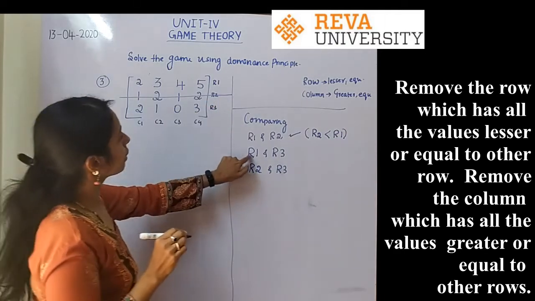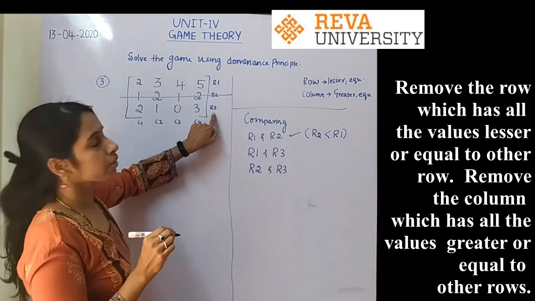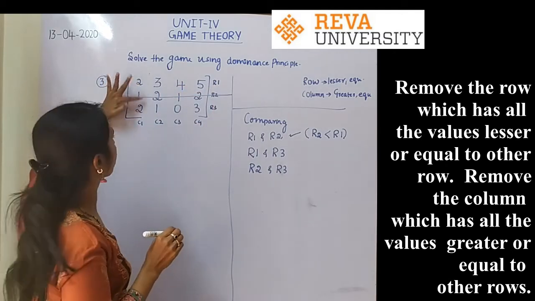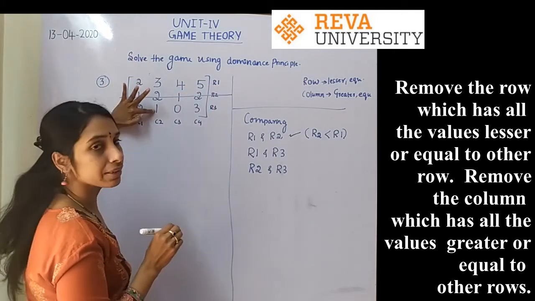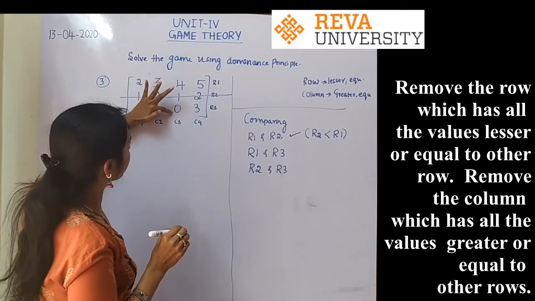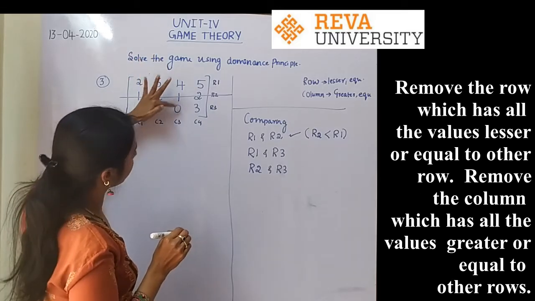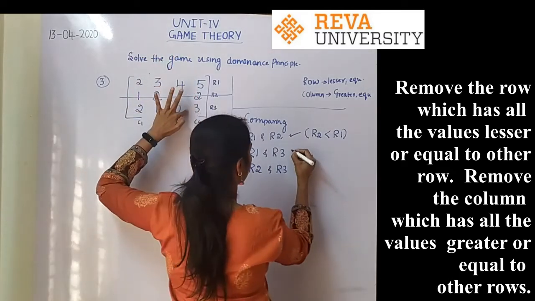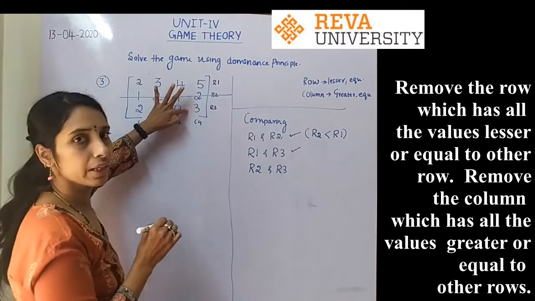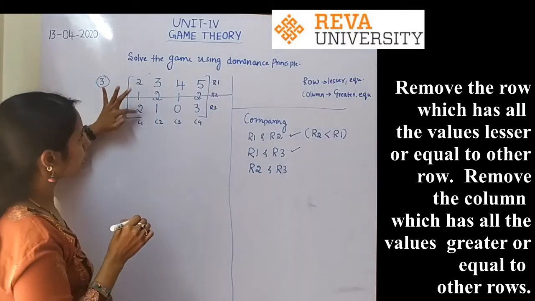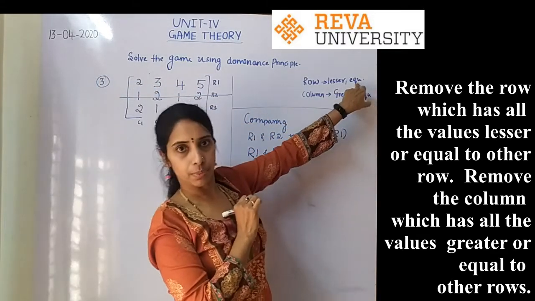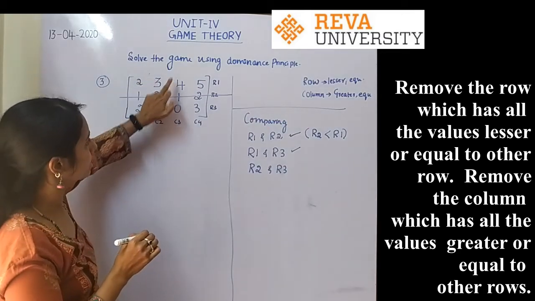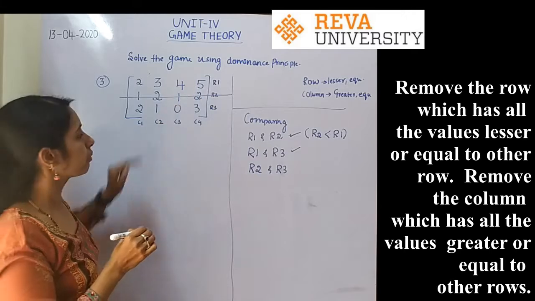Then R1 with R3. So compare R1 with R3. 2 is equal to 2. 3 and 1, 1 is lesser than 3. 0 is lesser than 4. 3 is lesser than 5. Yes, I am able to compare R1 and R3, wherein 2 is equal to 2. It can be equal also. 1 is less than 3. 0 is less than 4. 3 is less than 5.